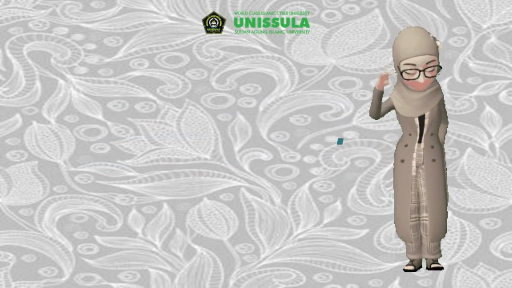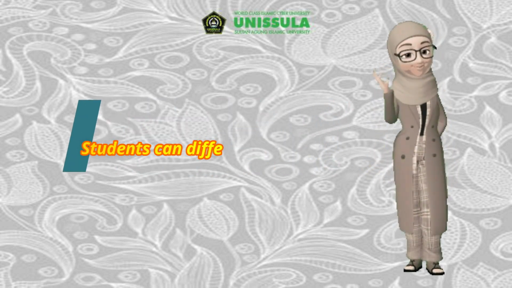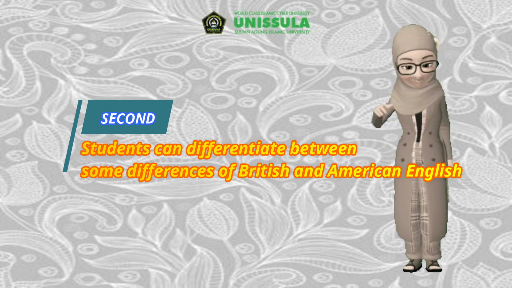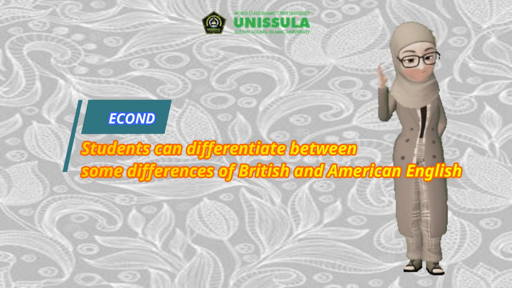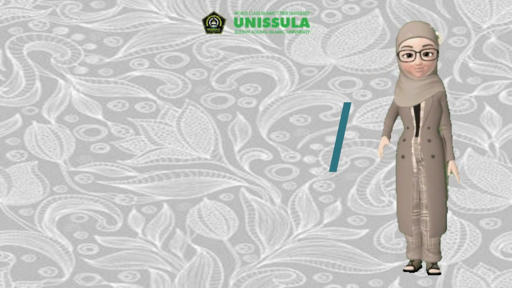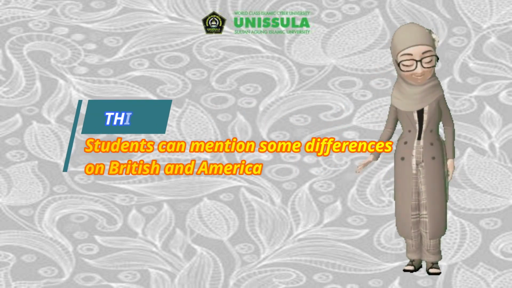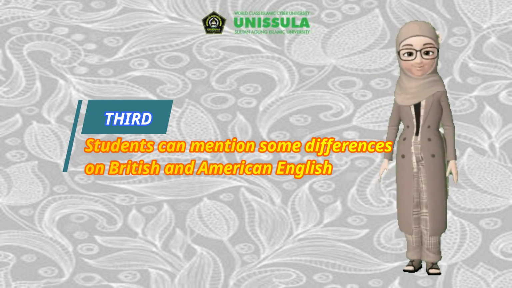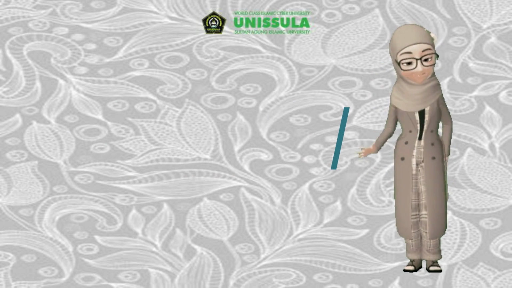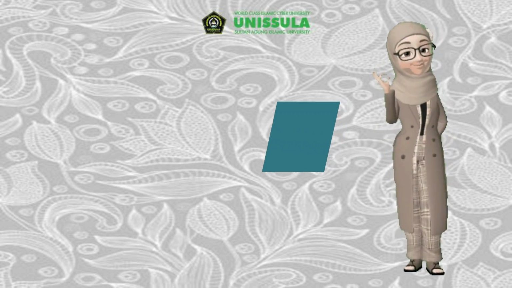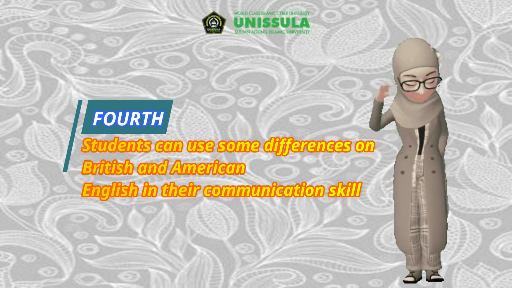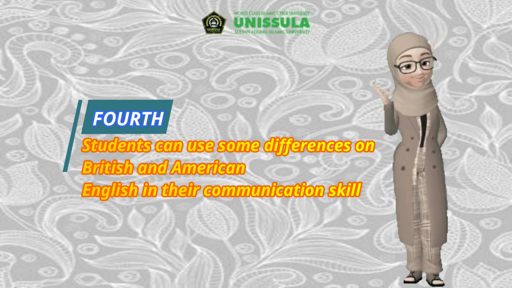Secondly, students can also differentiate between some differences of British and American English. The third, students can mention some differences in British and American English. And the fourth, students can use some differences in British and American English in their communication skills.